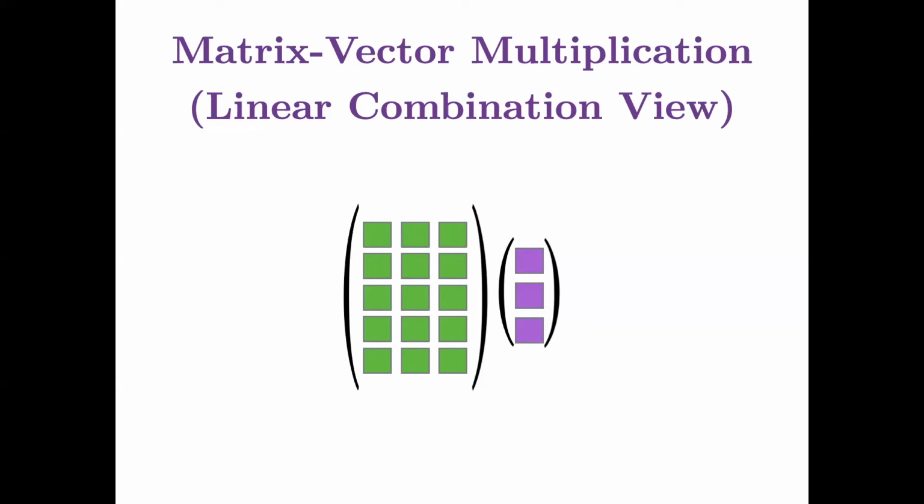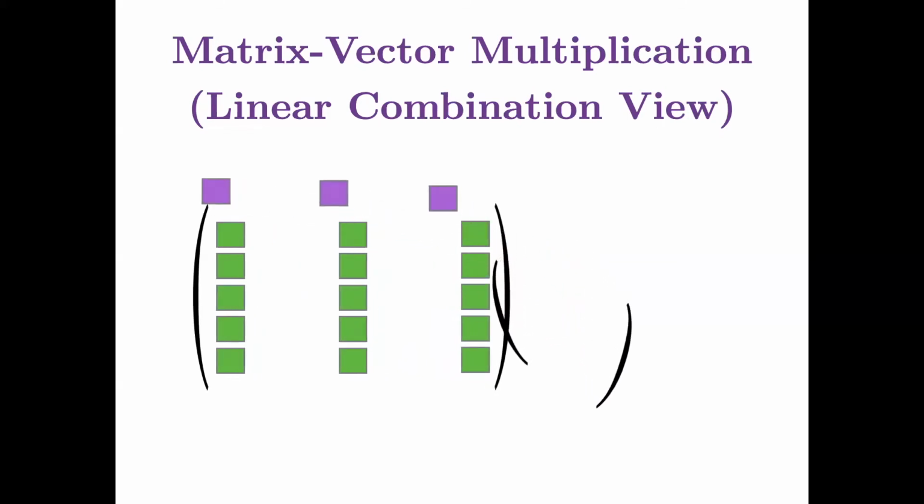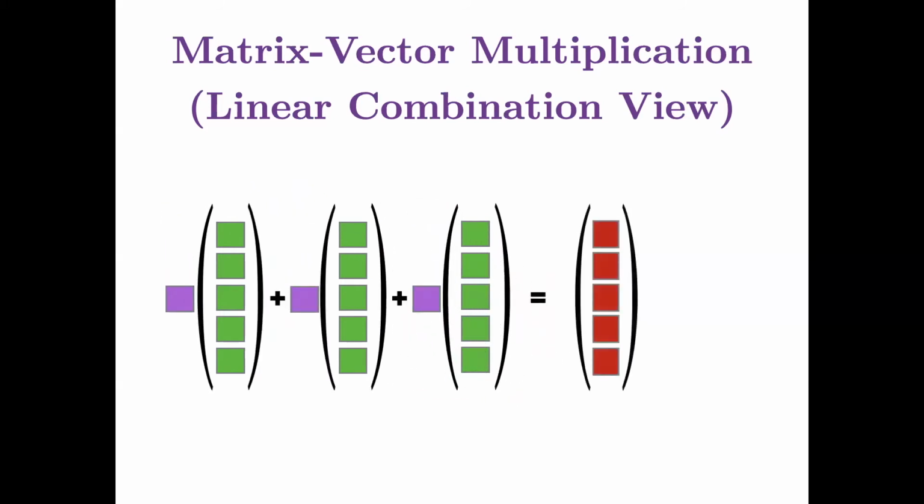So if you just look at an example of that multiplication we just did, what's happening in essence is the elements in that purple vector are forming a linear combination of the green columns, resulting in the red vector. Now, the easiest way to see this is to draw a quick example and see how we can pull out those scalars from each column.